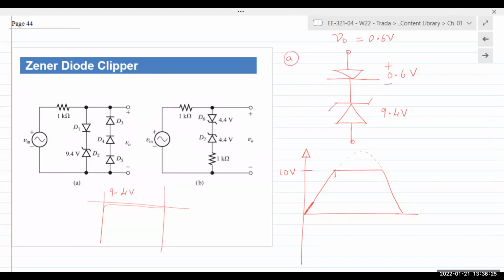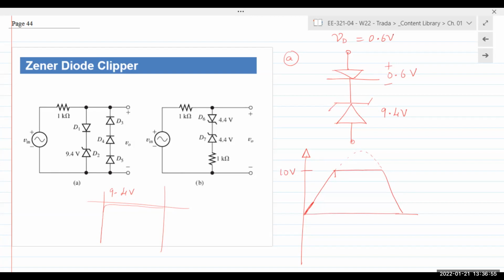So what happens in the negative half cycle? To analyze the circuit, look at whether the diodes are connected. If the anode is connected to this end, so positive half cycle, the diodes are reverse biased. Diodes are off, nothing happens. This branch doesn't affect the positive half cycle. Negative half cycle, this goes off because the anode is connected here, but these turn on. And each of these requires 0.6 volts.